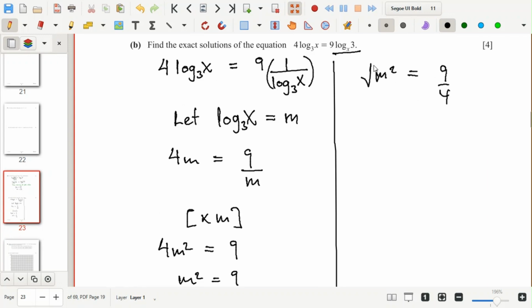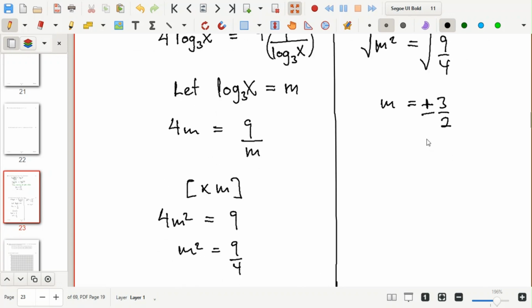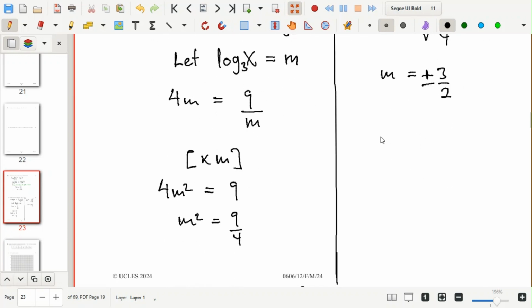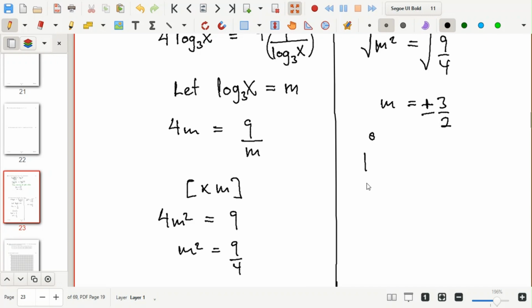I'm not done. I can find the square root of both sides. This will give me plus or minus 3 on 2. Don't forget your plus or minus, otherwise you get it wrong. But we are not done. Don't forget that you said m is equal to log x to the base 3. So let's take the positive value first.